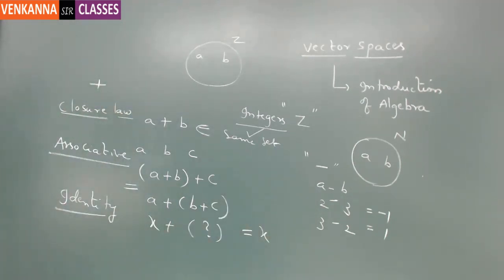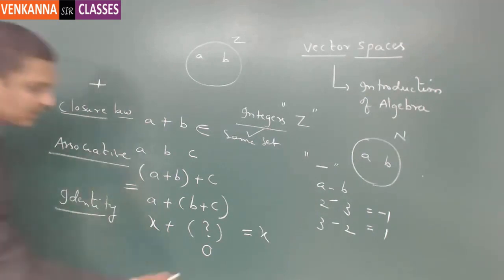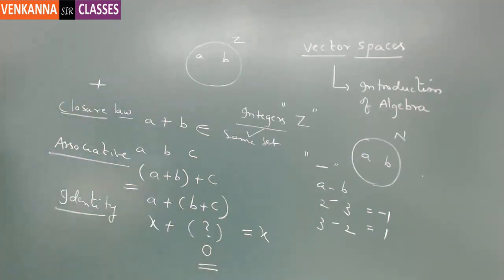What is the value there? x plus something again will give us x. What is that number? 0, right? Is 0 an integer or not? It is an integer. So the element 0 is called identity.